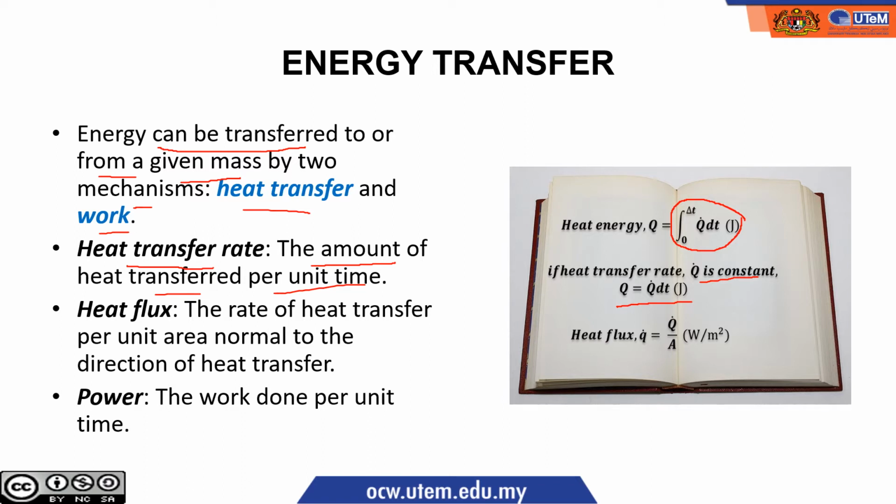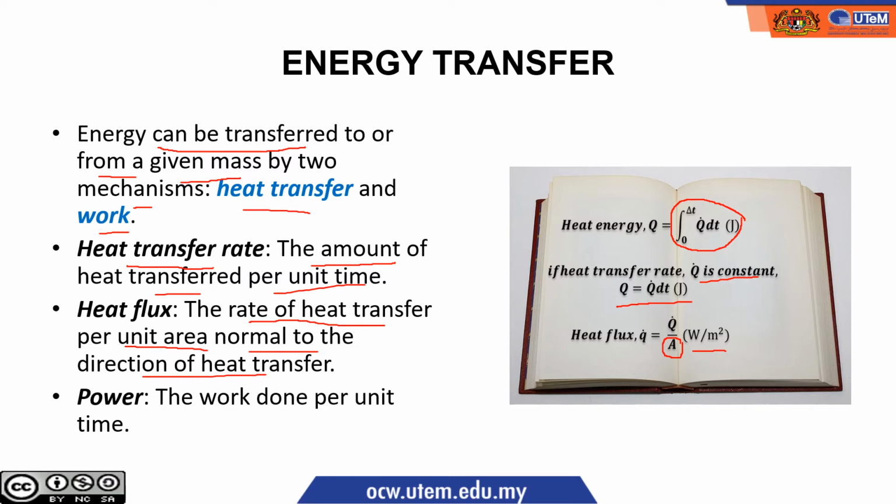Heat flux is the rate of heat transfer per unit time, per unit area, normal to the direction of the heat transfer. So whenever you see heat flux, it is Q dot divided by area A. The unit is watt per meter square.